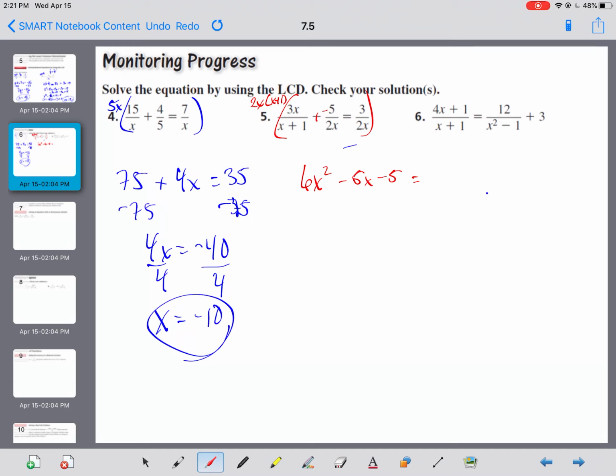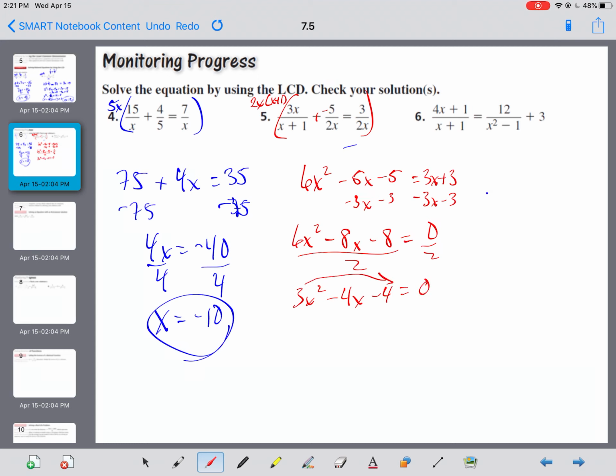So then when it's times that, -5x minus 5, that's better, equals 3x plus 3. It's quadratic, so we've got to get everybody to one side. So minus 3x minus 3 on both sides. 6x squared minus 8x minus 8 equals 0.